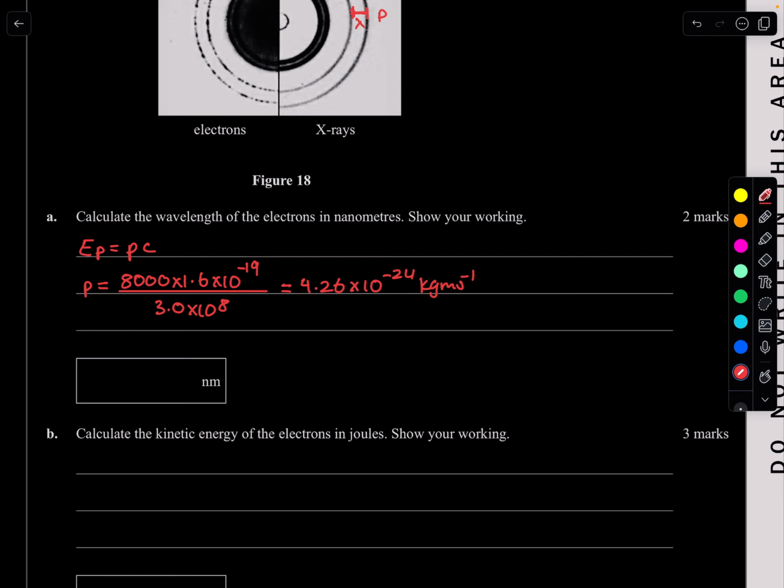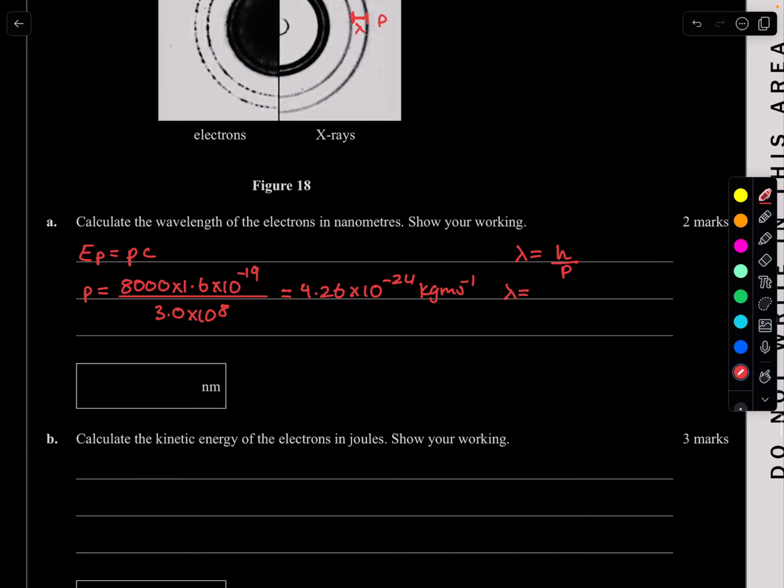I know that wavelength is h over momentum, where h is 6.63 times 10 to the power of negative 34, all divided by your momentum, 4.26 times 10 to the power of negative 24.